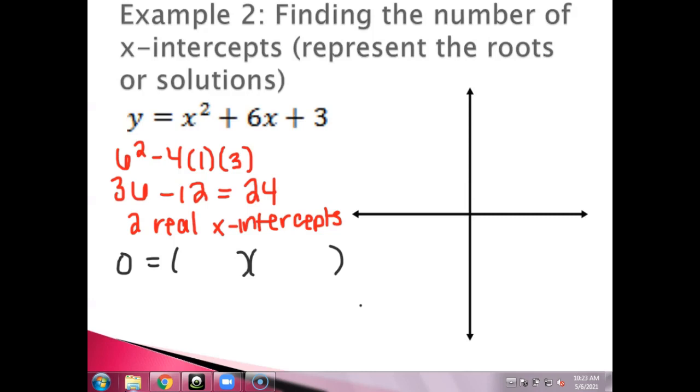Now, if we look at this one, is that factorable? Are there factors of 3 that sum to 6? The answer is no. So that's where tomorrow's lesson is going to come into play. We could, however, graph this real quick and see our x and y intercepts. So remember, this represents the y-intercept.